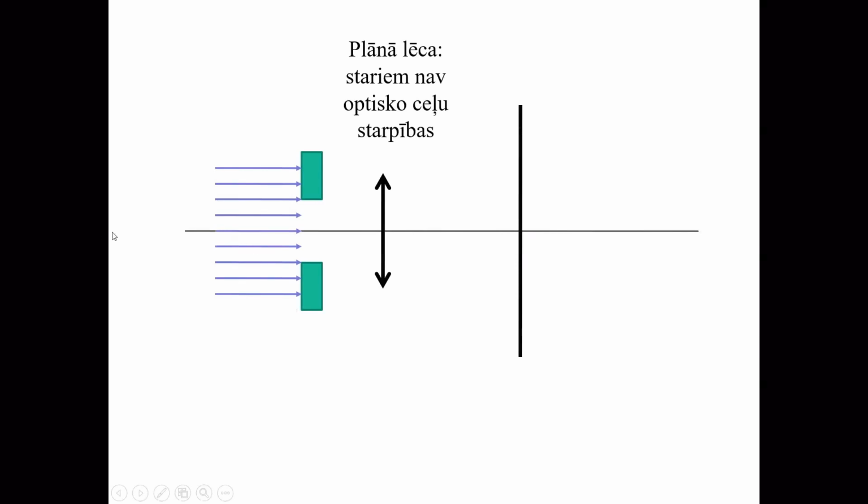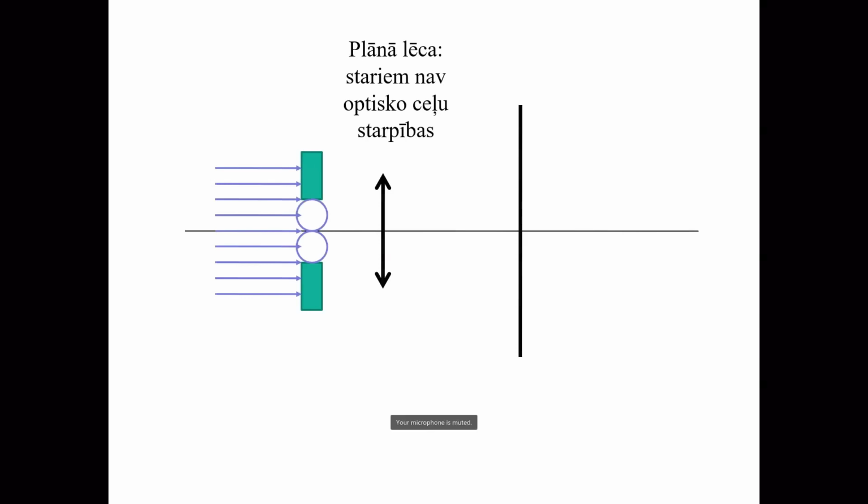This means that the source of the light is very, very far away, and the beams are in parallel. This distance is significantly less than the distance from the diaphragm to the light beam. And in this case, the situation is completely different. Have a look.